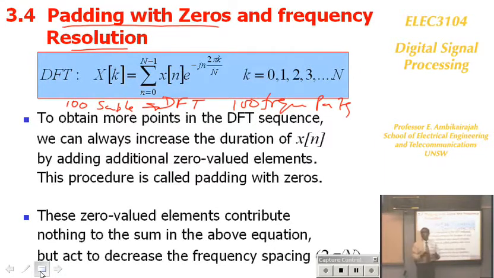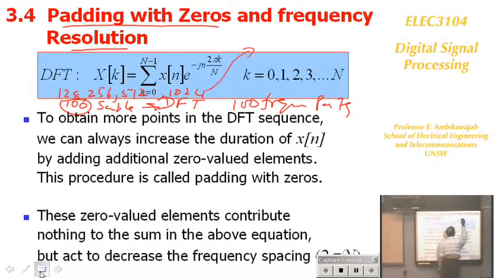You have to evaluate the summation, real part and imaginary part. It takes a long process. So people worked on various algorithms and came up with this: if the number of samples is a power of 2, like 128 or 256 or 512 or 1024, you can devise a new algorithm called FFT, which will work very fast.